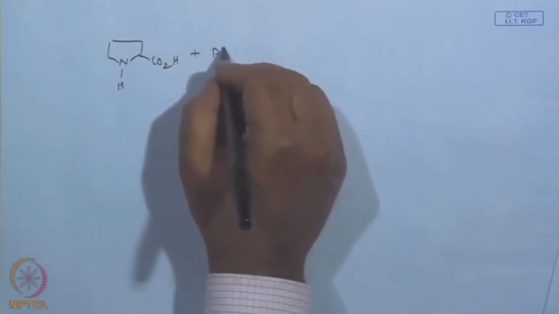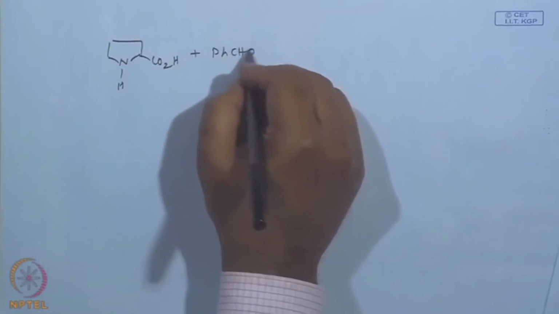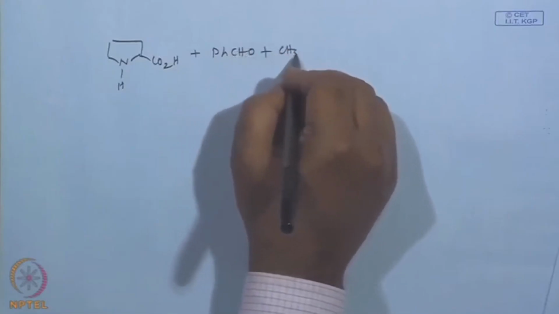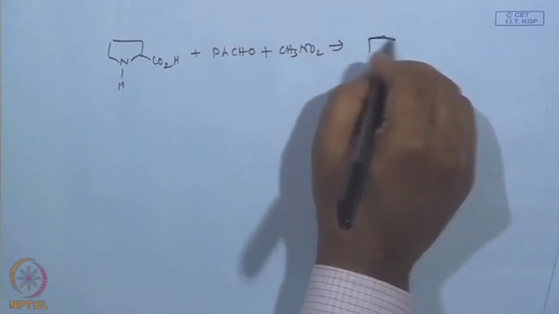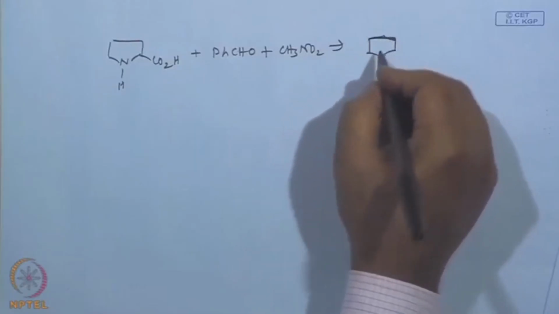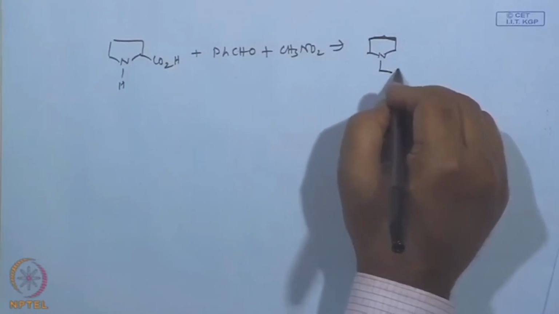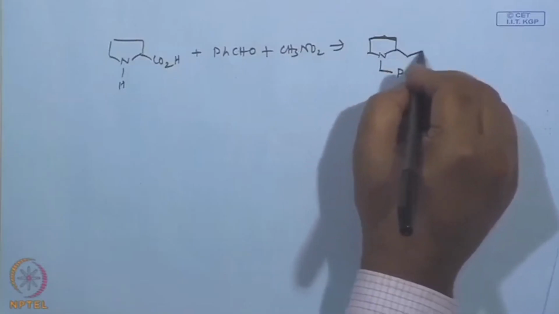If you heat proline with benzaldehyde in the presence of nitromethane, you get nice C-C bond formation, and see whether you can work out the mechanism.